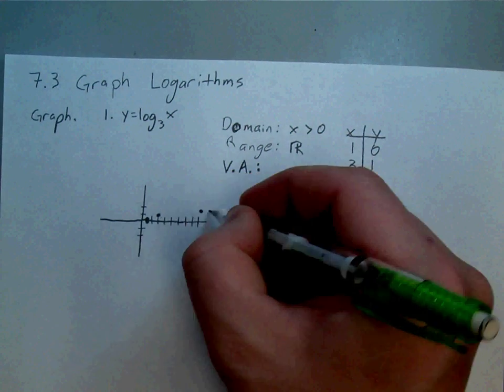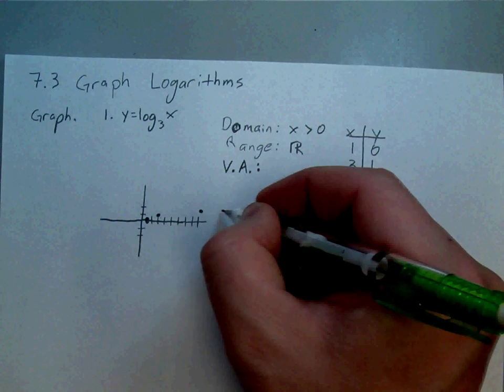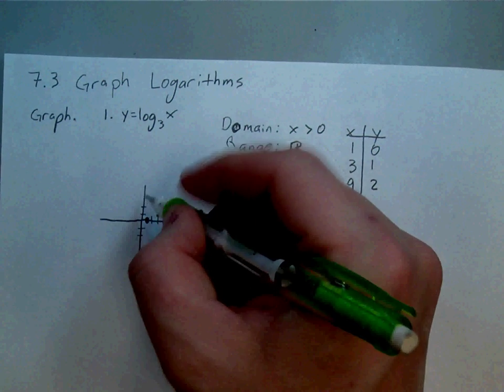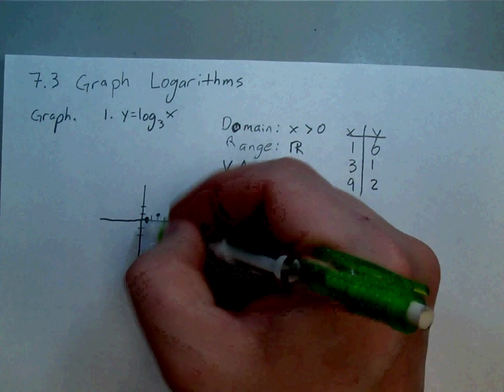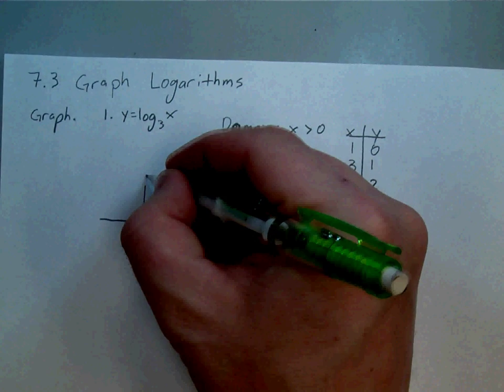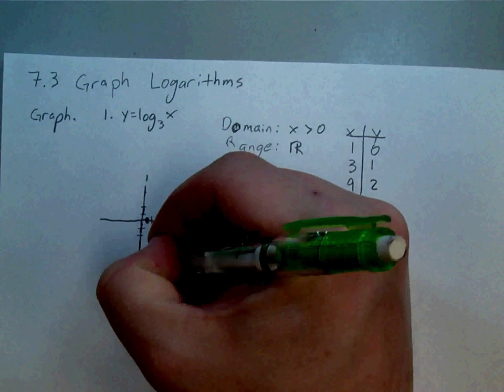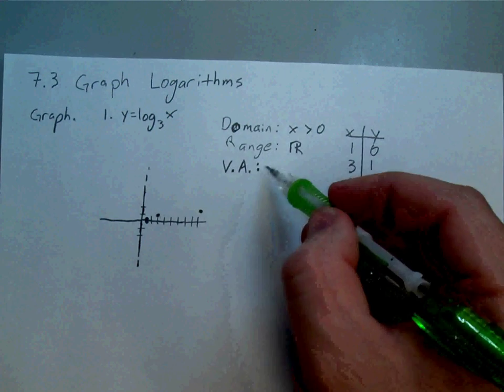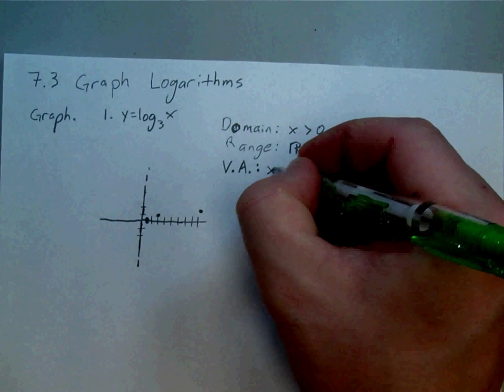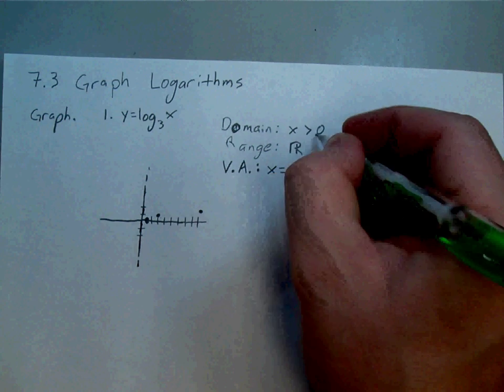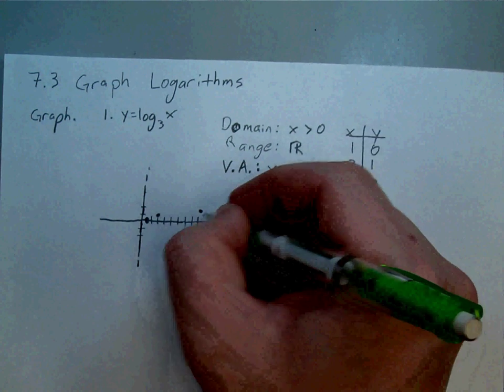So I can see as I'm traveling to the right, it is increasing, but it's getting less and less steep. And we saw that there was an error here at 0. Nothing to the left could be graphed. So right there at the 0 where the error began is where I have this vertical asymptote. Since it's a vertical asymptote, it's an x equals equation, and the problem was the 0, so x equals 0.